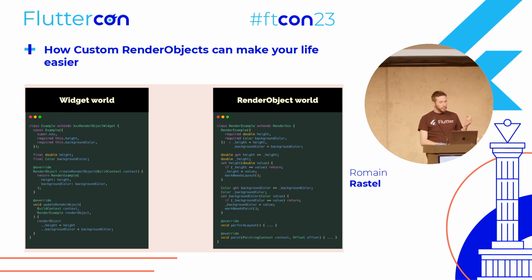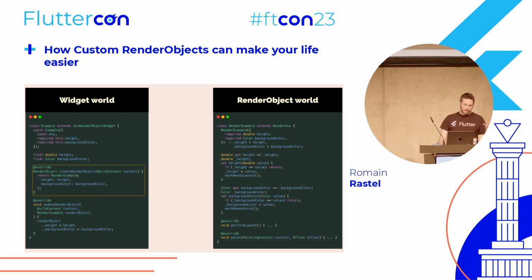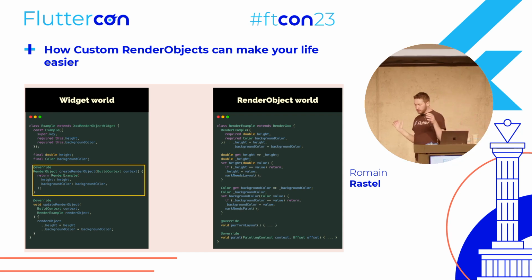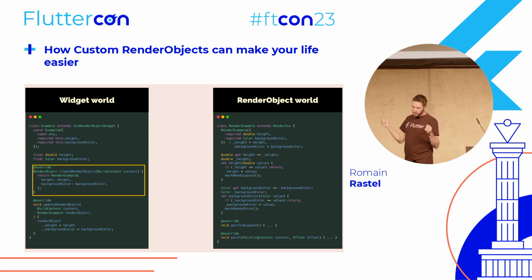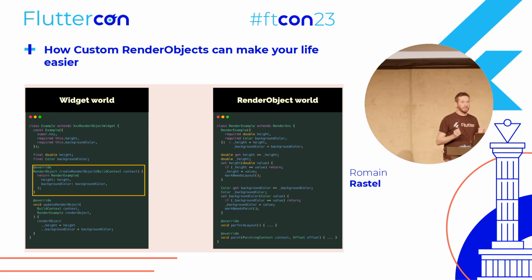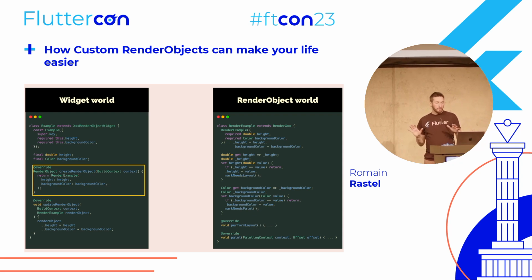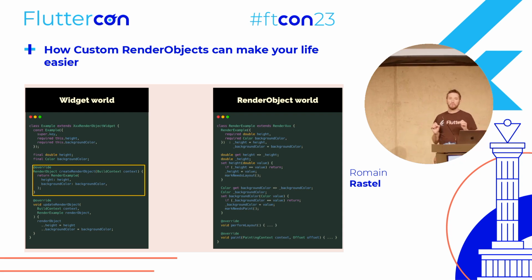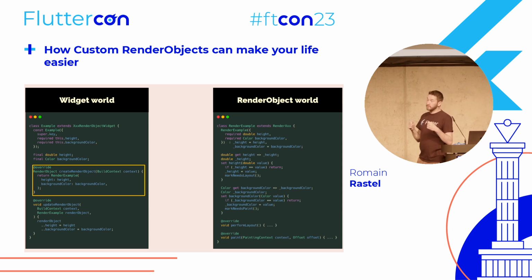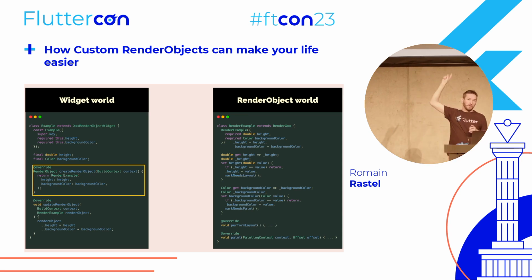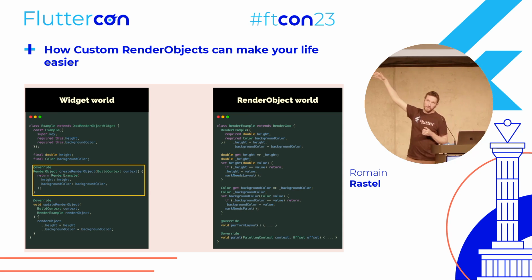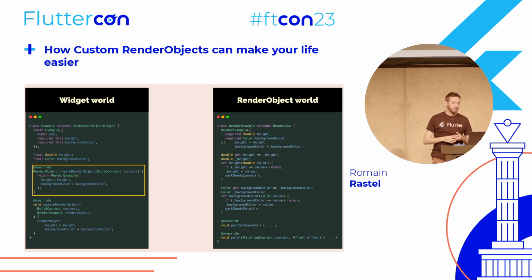We have to implement two methods in the widget world for that. When the first widget of this type is mounted on the tree, Flutter will call createRenderObject. The purpose of that method is simply to create the first instance, the instance of the render object we have on the right. And this instance will live as long as there is a corresponding element in the widget tree.